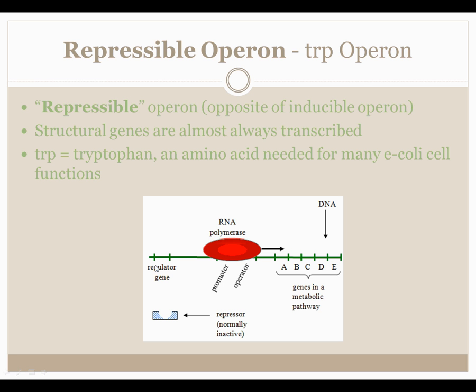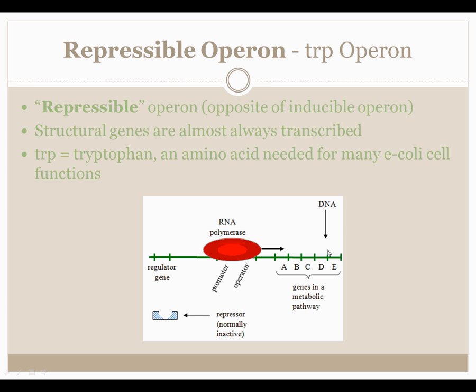So normally, even though this gene is made, the repressor is just kind of hanging out, and it's not attached to the DNA. So normally the promoter is seeing the polymerase, and it just keeps on going, and it's just cranking along, and it's making tryptophan.